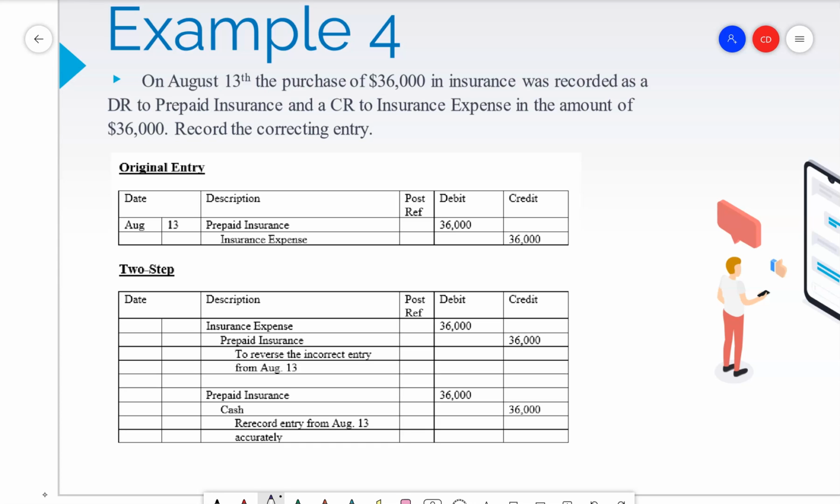We are just acquiring the insurance, okay? So here's our original entry of a debit to prepaid insurance and a credit to insurance expense. And then to correct it, we are going to reverse it. Here's our reverse. And then record the correct entry. We got insurance, we paid cash, so it should be a credit to cash.